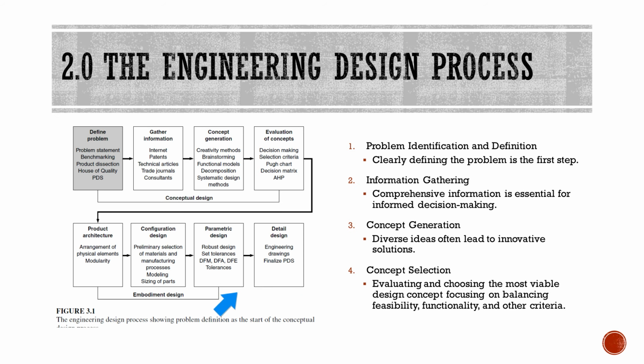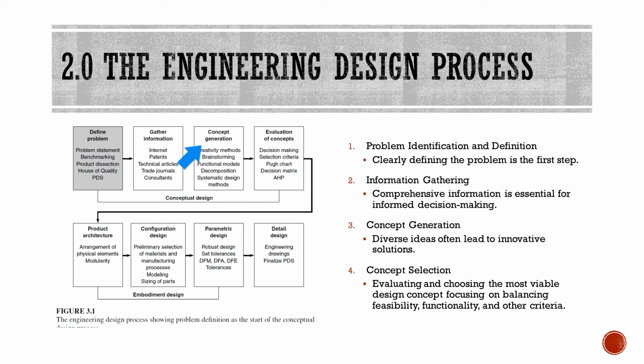As you can see here, this is the engineering design process flow chart, which starts with the problem. We define the problem, and then we go into gathering information related to that problem.